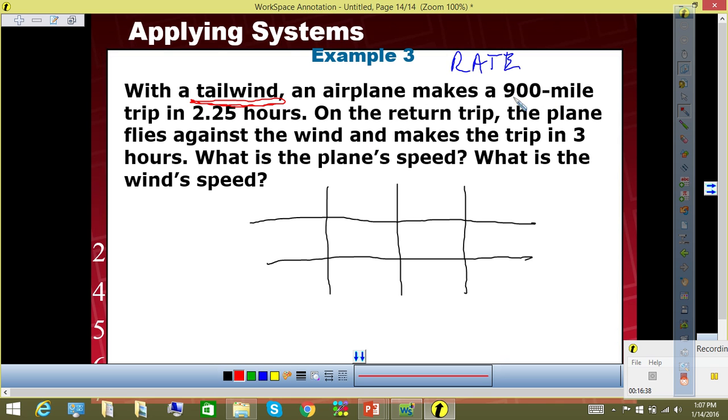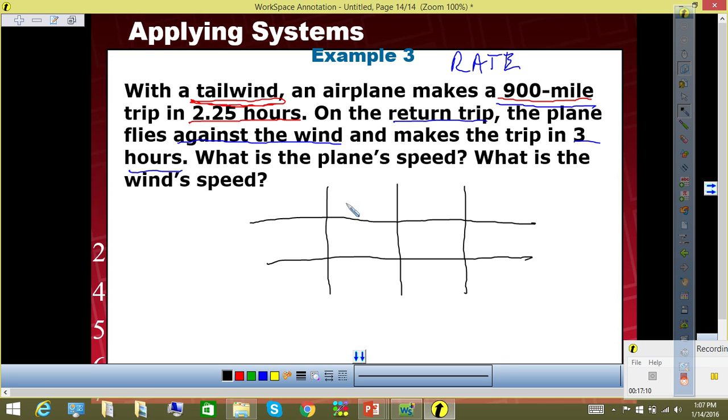And the plane makes a 900-mile trip, and the time is 2.25 hours. Now with blue, I'm going to switch because the return trip is against the wind, makes the trip in 3 hours. And if it's a return trip, how many miles is that? 900. So you underline 900 again because we're going to use that information again. Does that make sense?